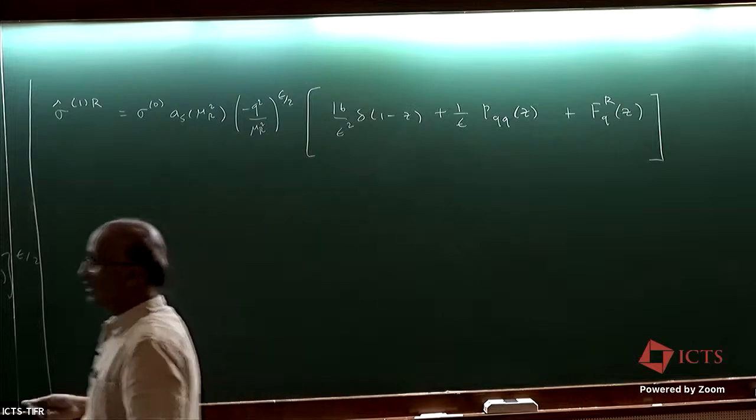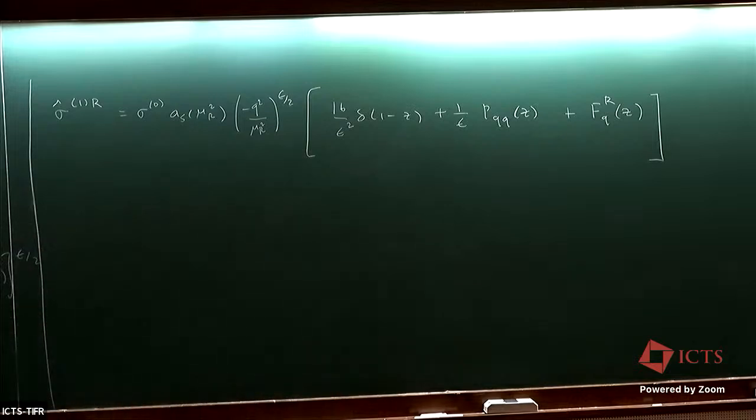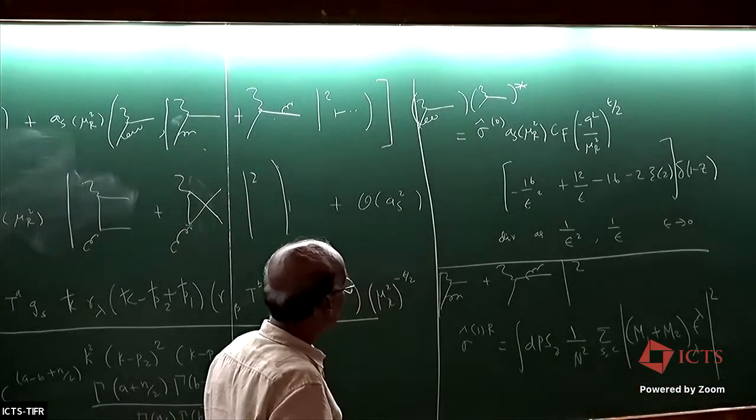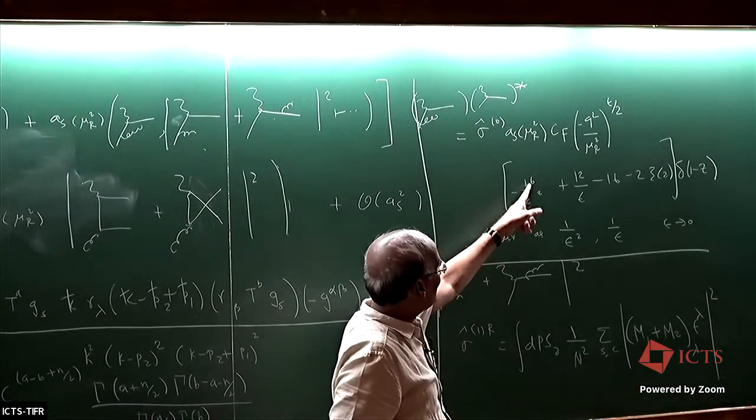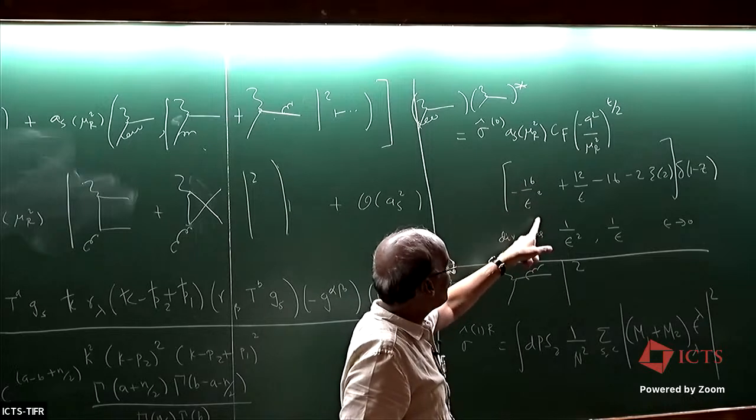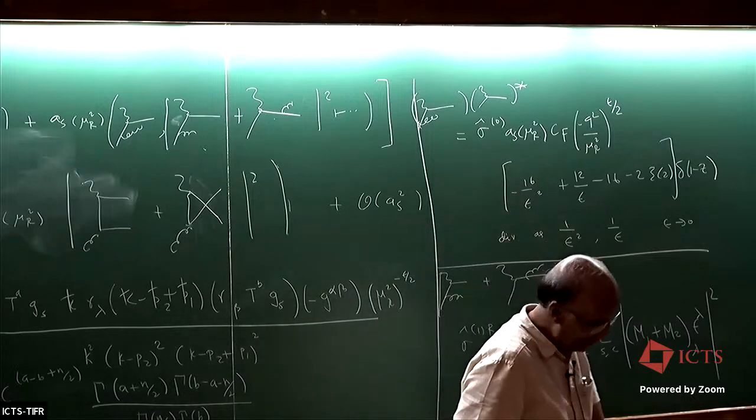Now you can see there is a result for virtual contributions, this kind of diagrams, which contribute at order alpha s level, proportional to minus 16 by epsilon square plus 12 by epsilon.